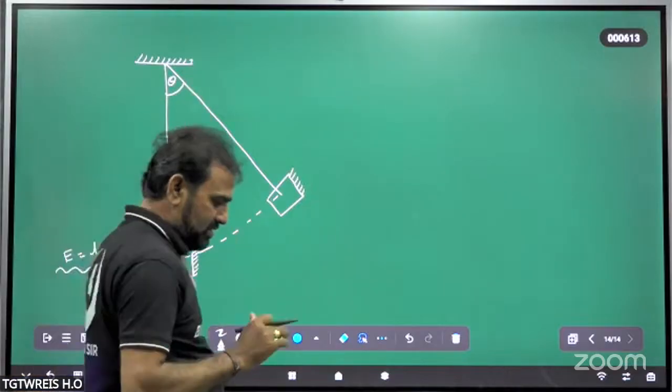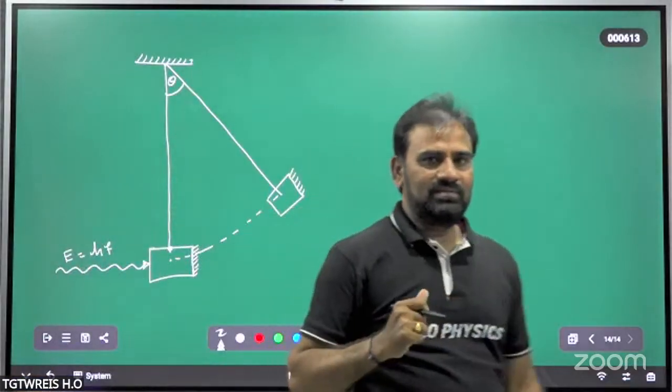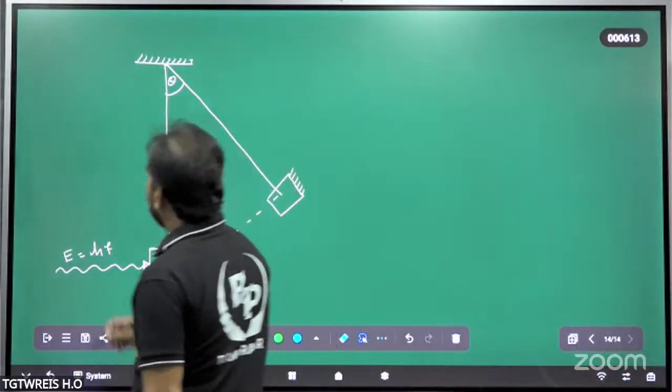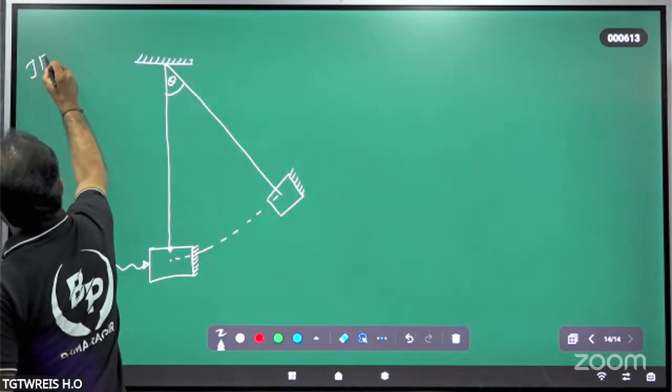Then find the value of theta. This question was asked in JEE 2025.